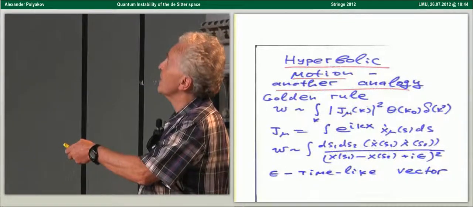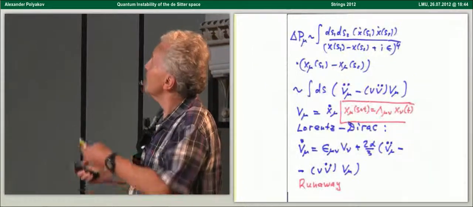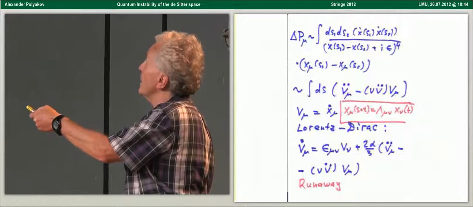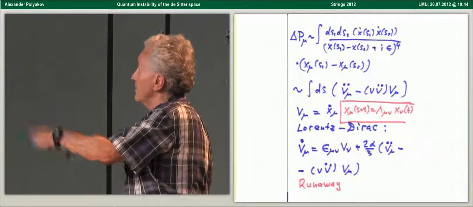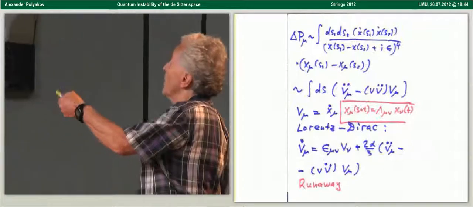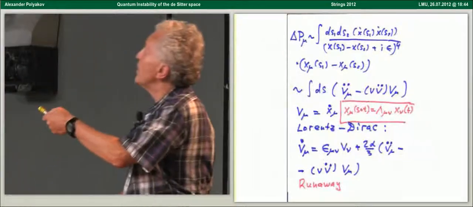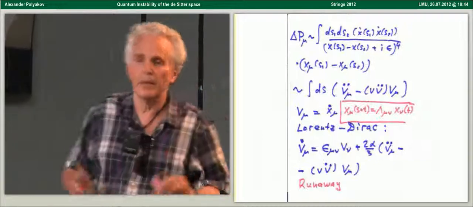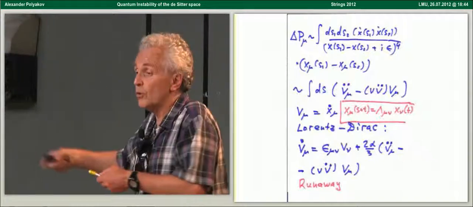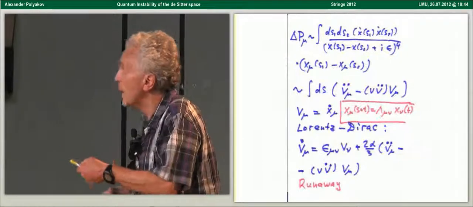You see you have an i epsilon prescription in this Wilson loop, which is different. And you can easily calculate the emitted momentum, and you come to the conclusion that this Wilson loop reduces to a local expression because of this symmetry. This is the Lorentz-Dirac equation, and it's well known that the radiation is 0 for strictly hyperbolic motion, and the hyperbolic motion is the solution of this equation.